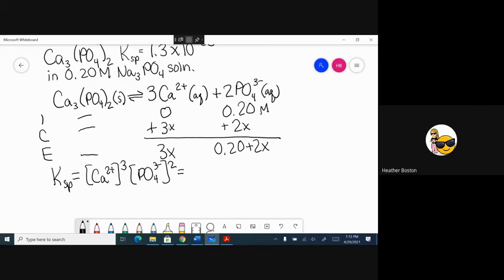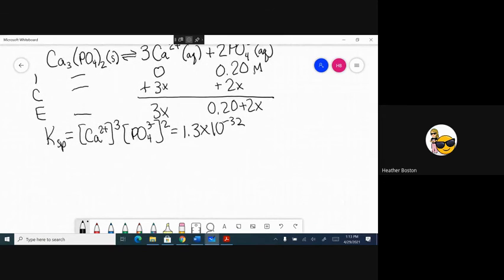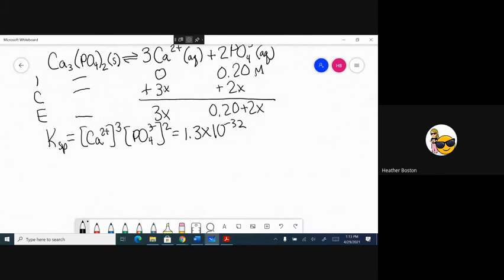And that's going to equal the Ksp, which is 1.3 times 10 to the minus 32. Now we'll replace calcium with 3x and phosphate with 0.20 plus 2x, squared.